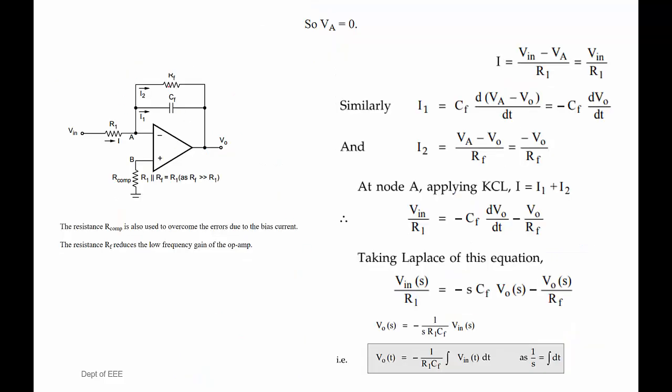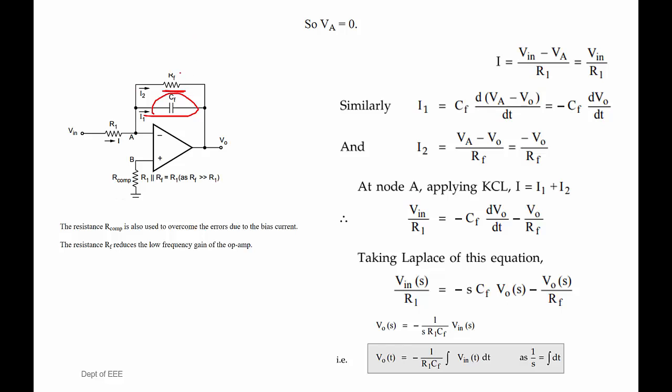So we can connect the feedback resistance in parallel to the capacitor. What will happen then? For low frequency signals, this capacitor will become an open circuit, so the gain depends upon the value of RF.